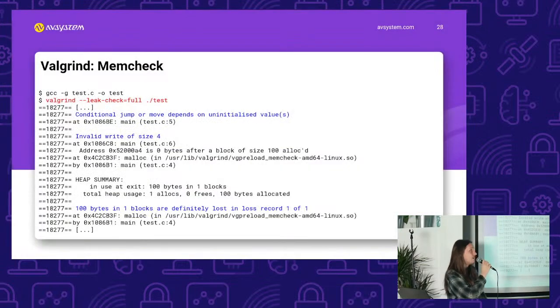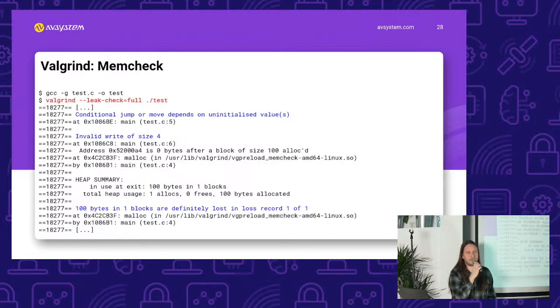So, introducing Valgrind. Valgrind does a lot of the same thing that Address Sanitizer does. It can catch things like invalid memory accesses, heap usage problems, memory leaks, and so on, and other things, because this is just one of the tools of Valgrind. There are other tools. Instead of memcheck, you can use Helgrind, which checks for race conditions.